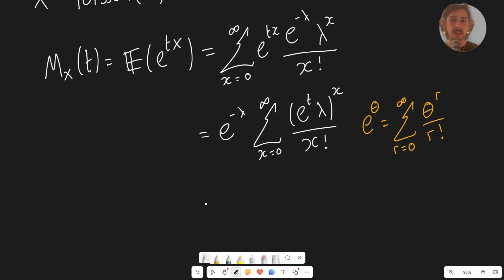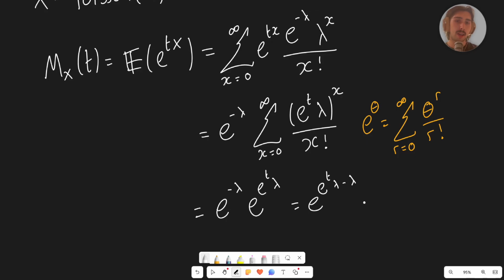So I can rewrite this as e to the minus lambda, and this whole sum can simply be rewritten as e to the power of e to the t lambda. Then that can be rewritten as e to the power of e to the t lambda minus lambda. And this is e to the power of lambda times e to the t minus 1.